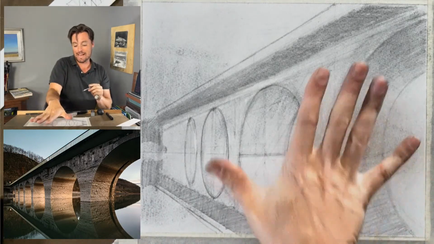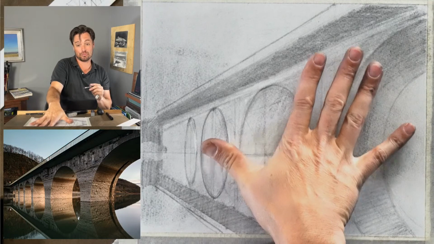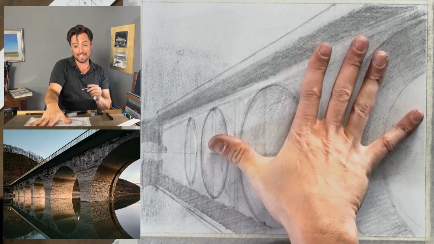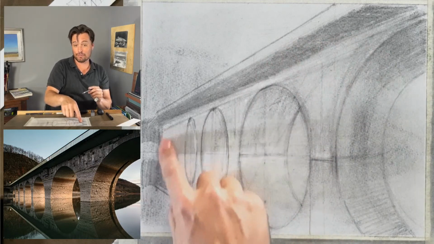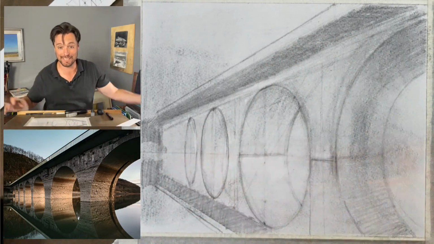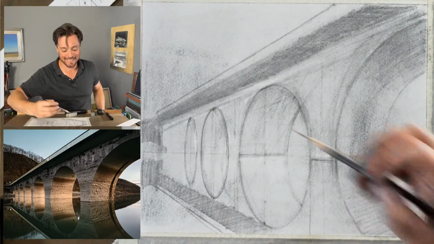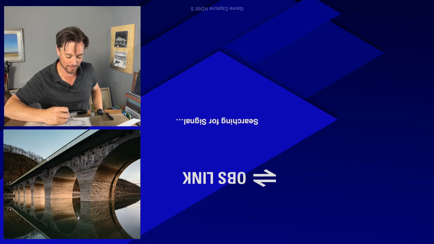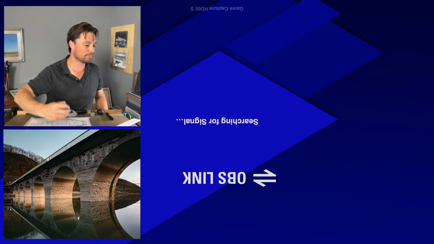So if you think about how much space it takes to span three of these openings here on the right, now we've got to fit 3 openings on this side on a bridge where all those openings are literally the same size, right? And so this is, again, we've talked about it before. There's a difference between the literal and the optical truth.